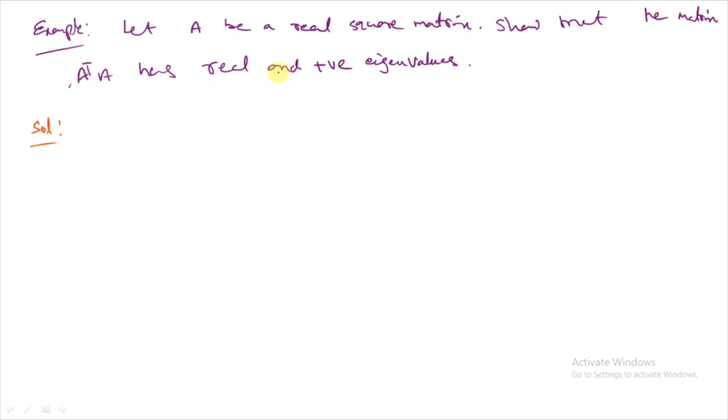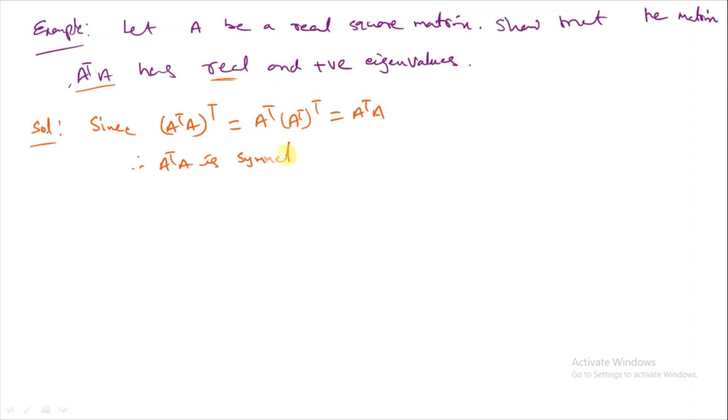Now you have to go for the real eigenvalues. We know every symmetric matrix has real eigenvalues. It's enough to show whether A transpose A is symmetric or not. Now, A transpose A whole transpose equals A transpose times A transpose transpose, which equals A transpose A. That means A transpose A transpose is A transpose A. Therefore, A transpose A is a symmetric matrix.